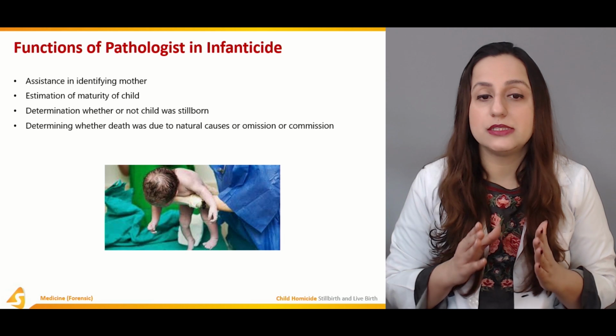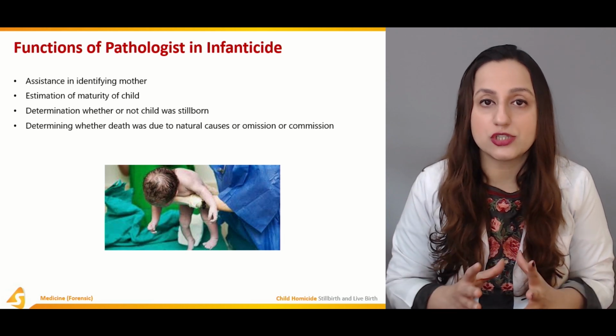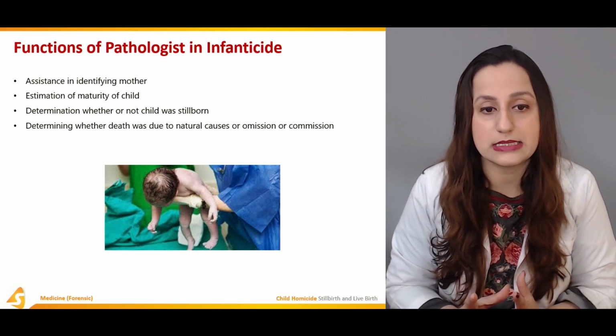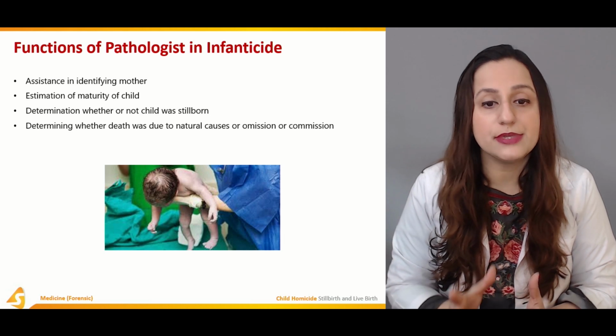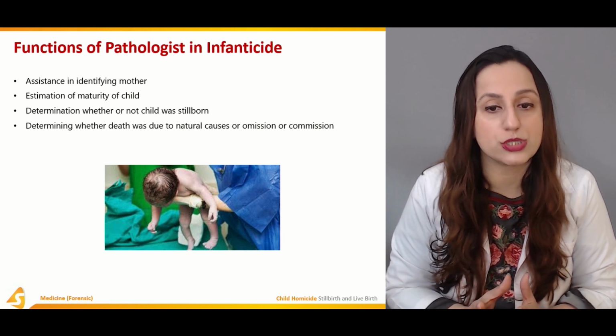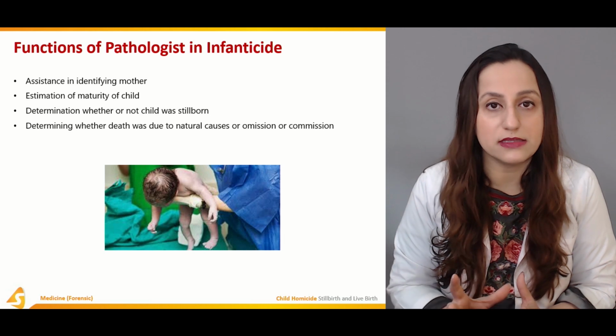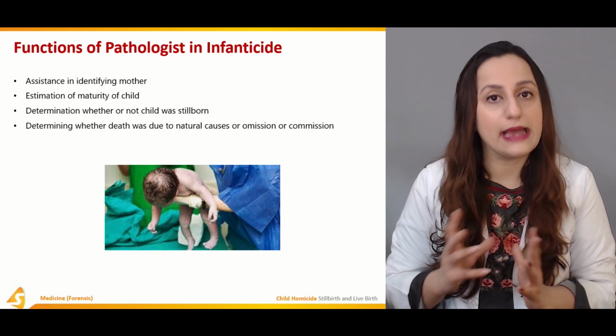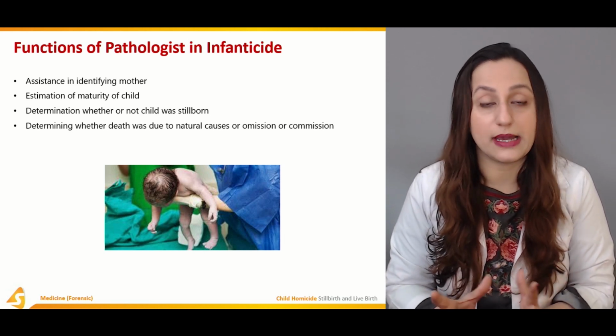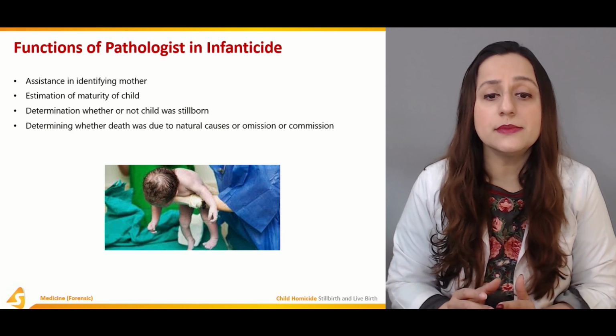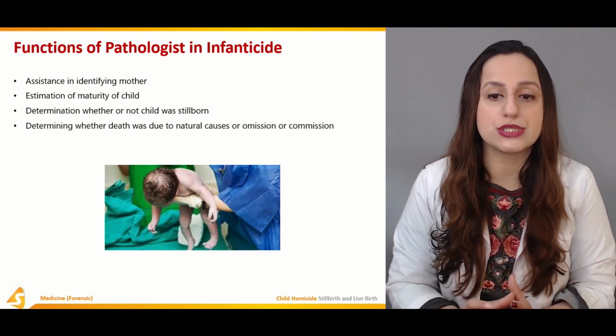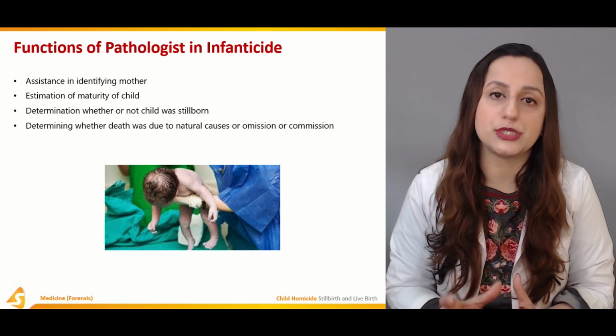So that is basically the duty of a functioning pathologist, whosoever is working on that particular case: the determination whether or not the child was stillborn. So there are particular signs for this stillborn and the live births, and they have to be differentiated by the pathologist. Determining whether death was due to the natural causes or omission or commission.